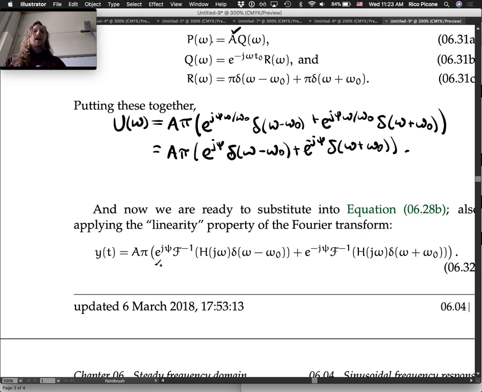A pi, and we get the e to the j psi, e to the j, and minus j psi. The only thing that gets left in these inverse Fourier transforms are the deltas, right? So the deltas from here and here remain. Everything else came outside of the inverse Fourier transforms, because this is the only thing that's left that's a function of frequency.